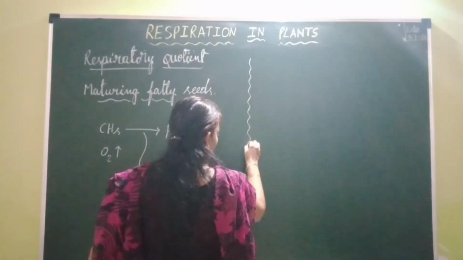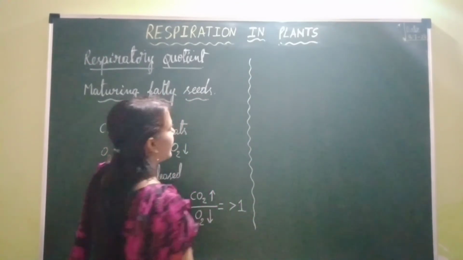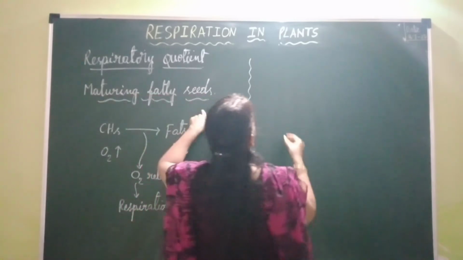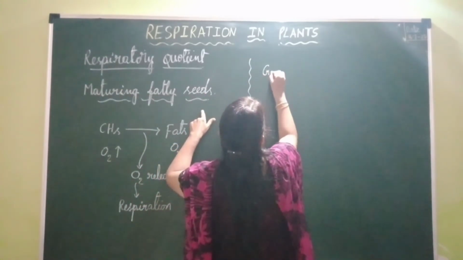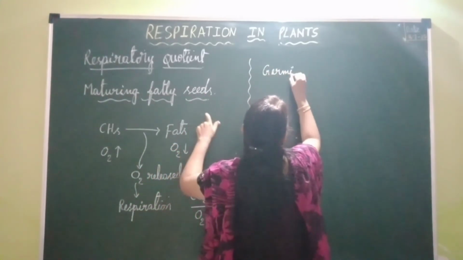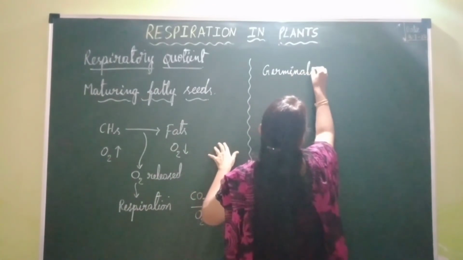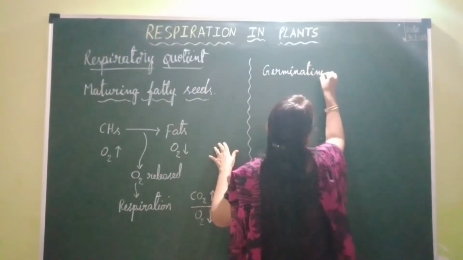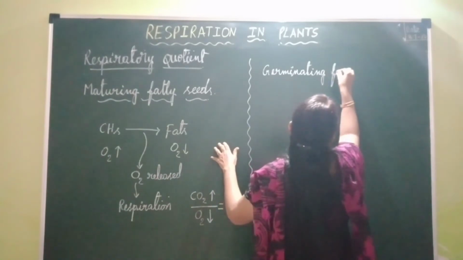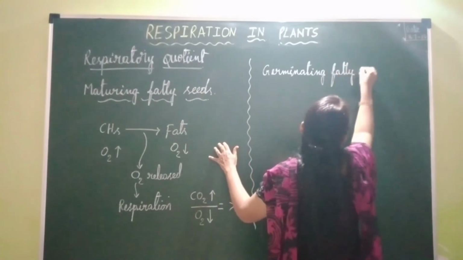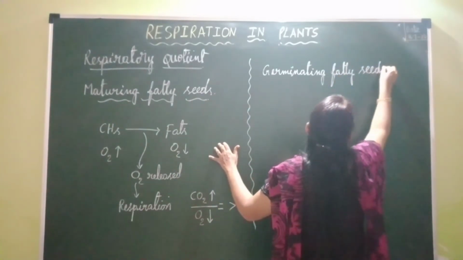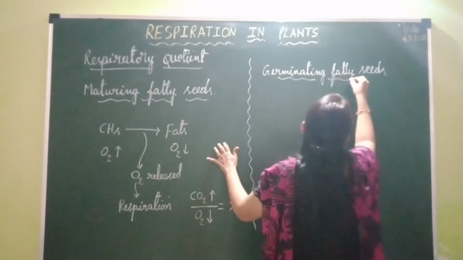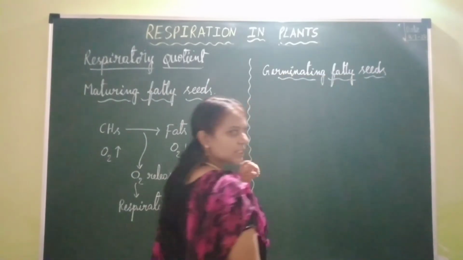Now let's compare the RQ value of maturing fatty seeds with the RQ value of germinating fatty seeds. So in case of germinating fatty seeds, the food source is fat.